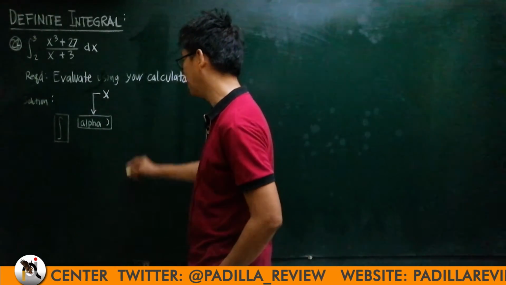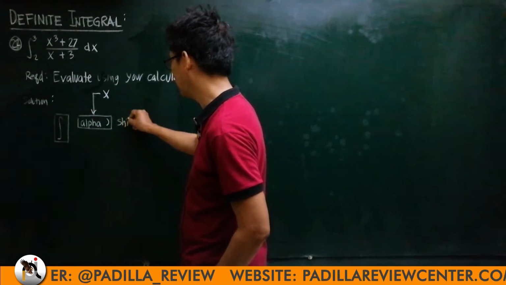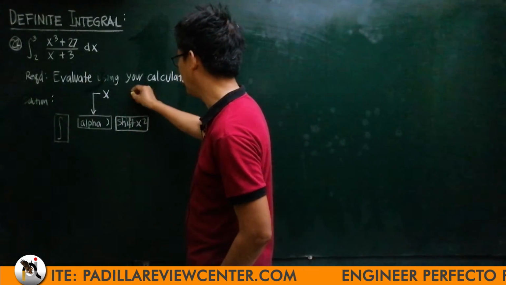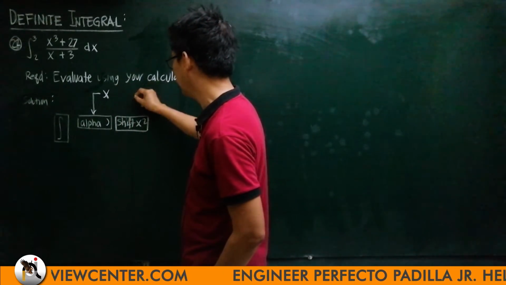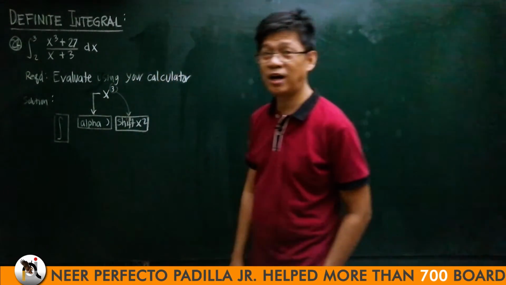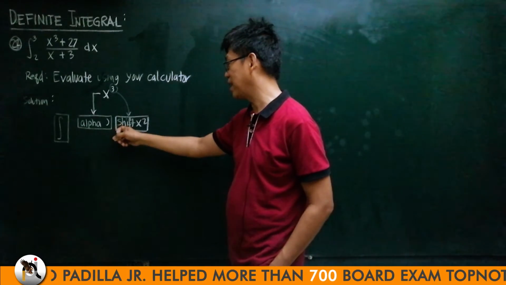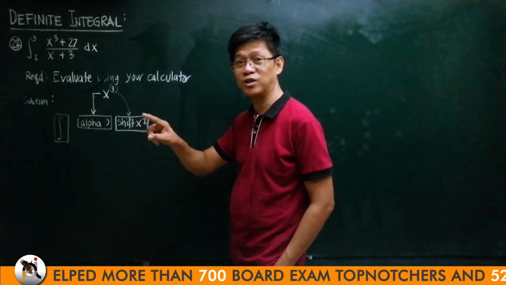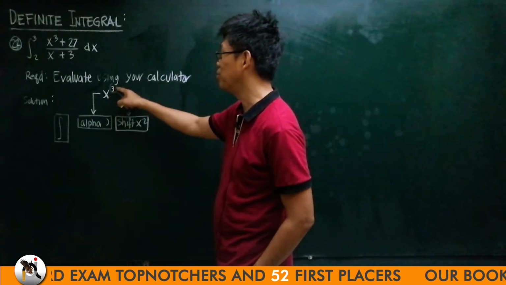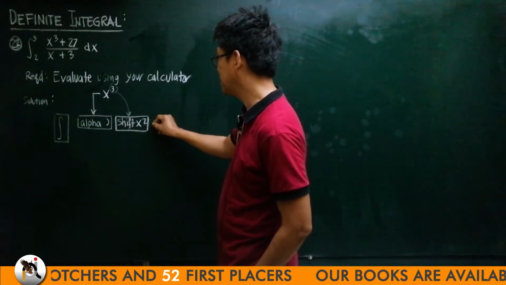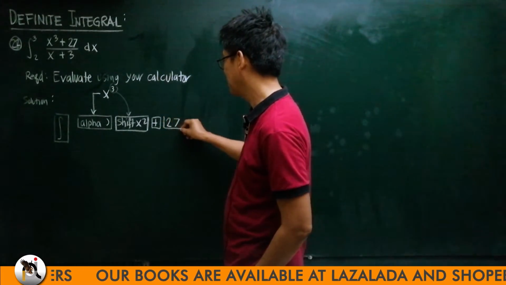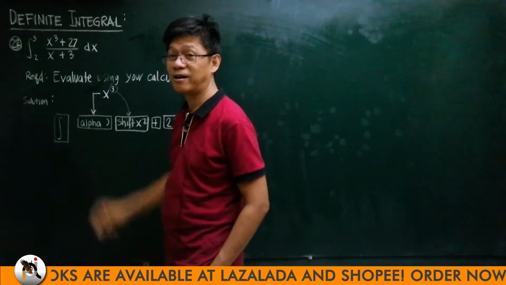So, let me use the direct cube key, the shift x squared. So, this will be the power of 3. Okay? This one. Now, the beauty of using the direct cube key is you don't need the right arrow key. So, this will represent x cubed now. Then, plus 27. Okay? So, we are done here.